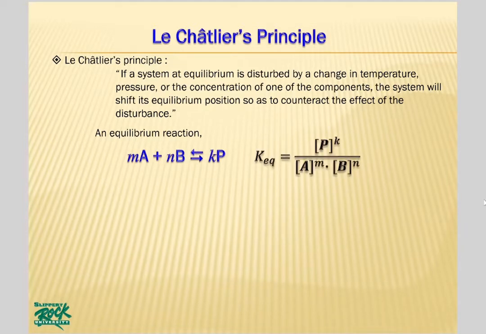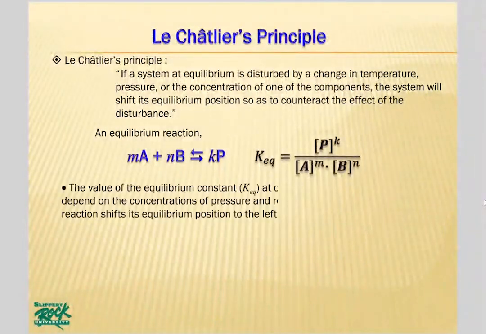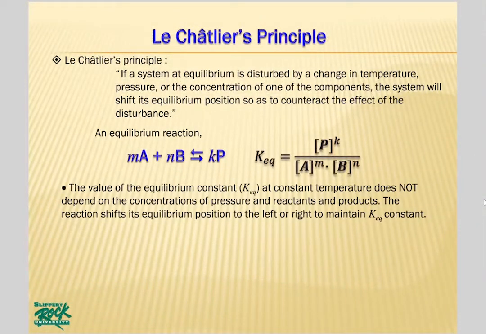Take note that the stoichiometric coefficients m, n, and k in the chemical equation act as the exponents in the equilibrium constant expression. Take note that the value of the equilibrium constant at constant temperature does not depend on pressure and the concentrations of reactants and products.